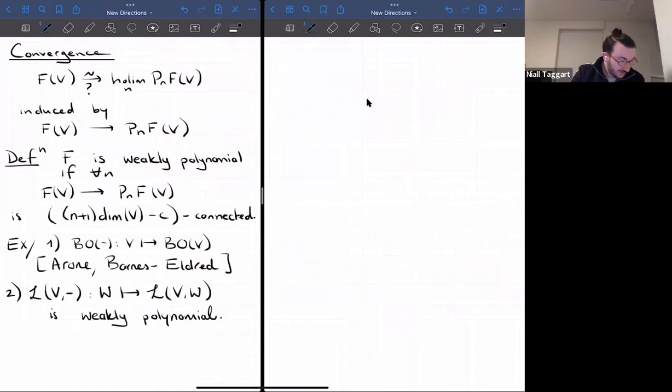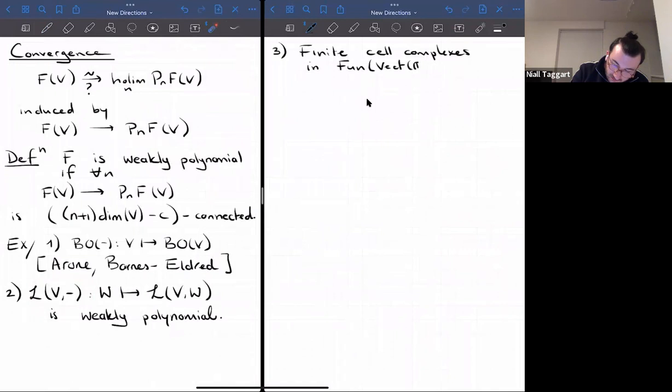Why does that matter? Well, if you know that this guy is weakly polynomial, then you know that lots of functors are weakly polynomial. So I guess one way to say it is that finite cell complexes in this category of functors to spaces are all weakly polynomial.